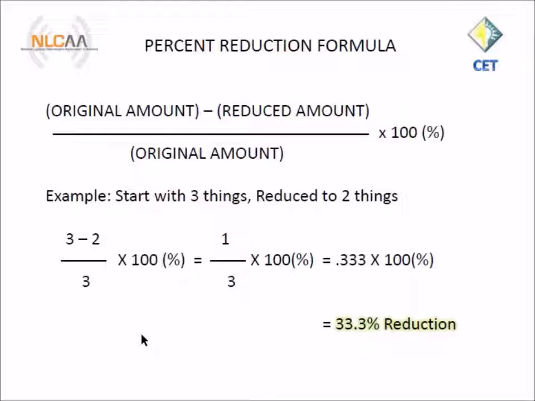In either case, I lost 1 out of 4 quarters, or I lost 25 out of 100 pennies. I have a 25% reduction.